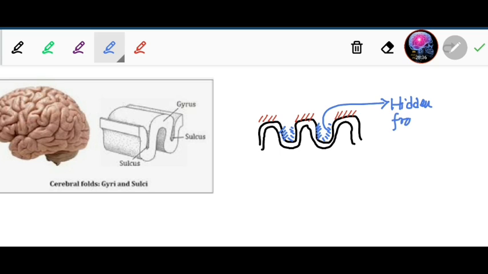Hidden from view, 2/3. One third is in view.